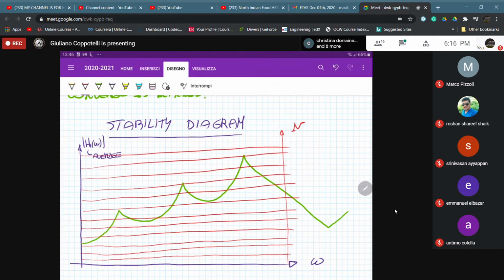Okay. Then what you are plotting is the solution of your complex exponential method algorithm corresponding to these horizontal lines. What does it mean? Let's assume that we are having 1, 2, 3, 4 up to whatever order.